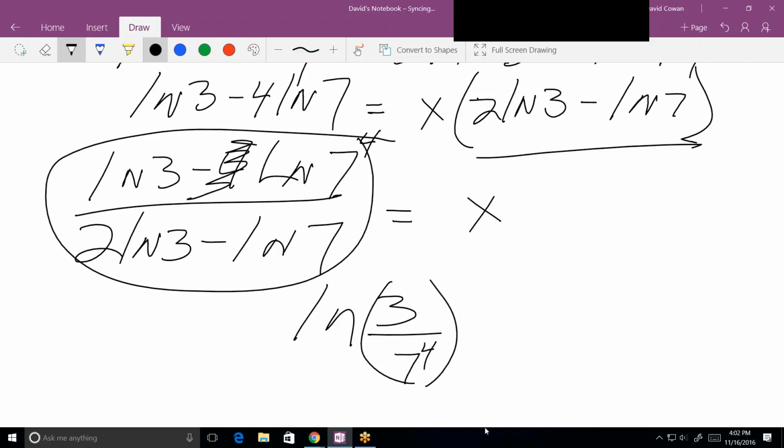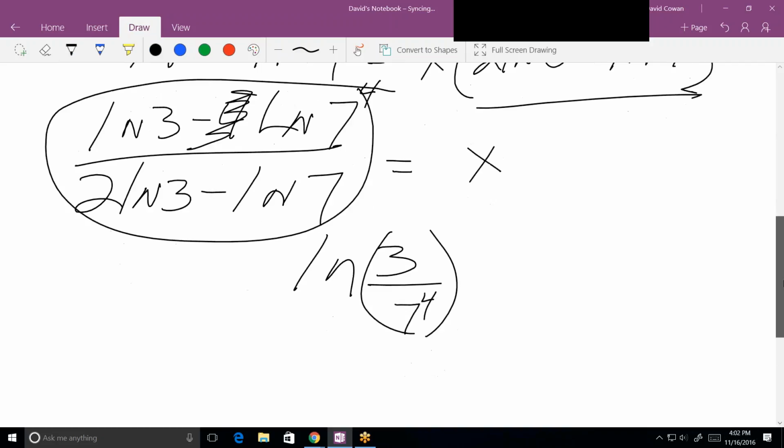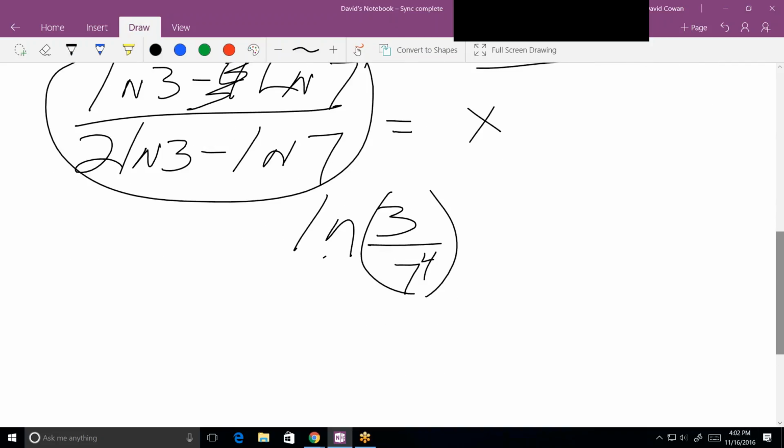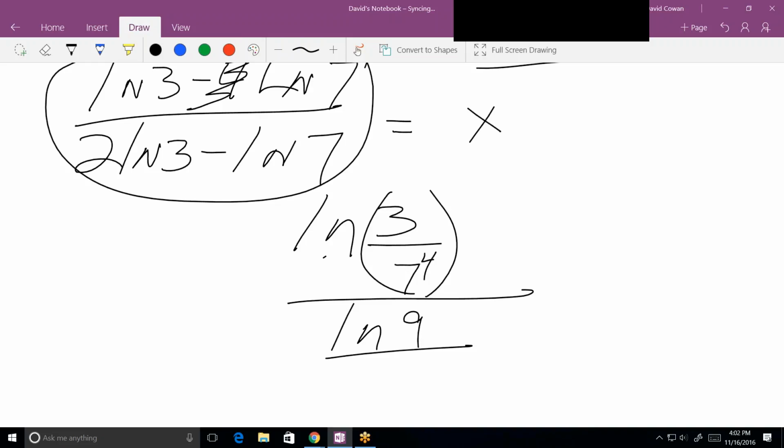That's my numerator. And my denominator is the natural log of 9 divided by 7. So it's the natural log of 9/7.